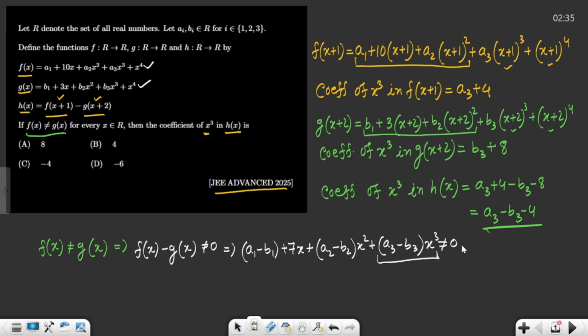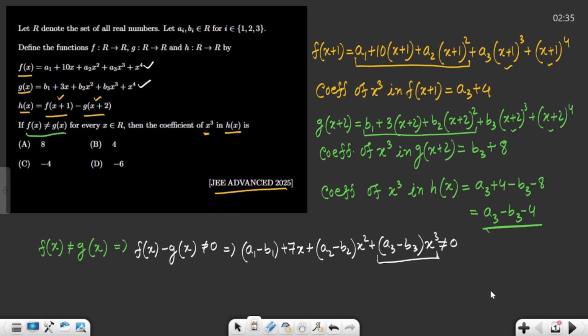In order to cancel the term x cube, this term must be 0, right? If this term is equal to 0, then we will get a quadratic, and a quadratic, if its discriminant is less than 0, cannot have any real root, right? But we need to cancel this cubic, because this equation cannot be cubic. This is not a valid equation for cubic.